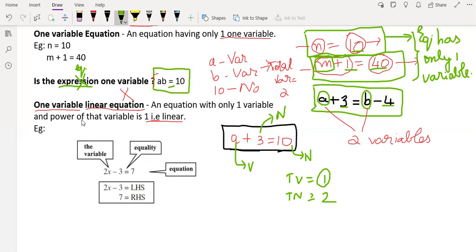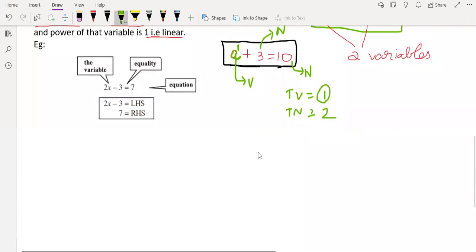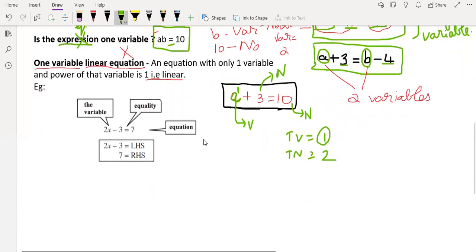Okay. So what is a linear equation? The power of that variable should be equal to 1. So that time it is called a linear equation. I can give you an example of a quadratic equation. See here, a square plus 3 equals 10. What is this? This is an equation.